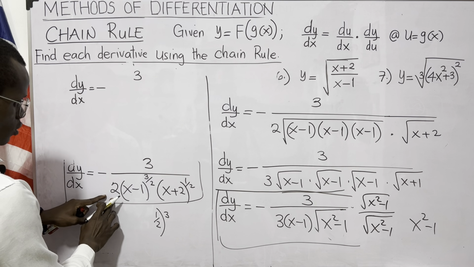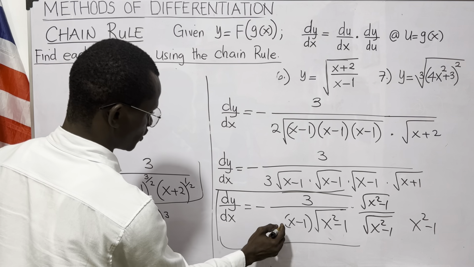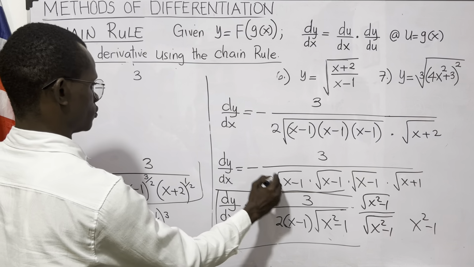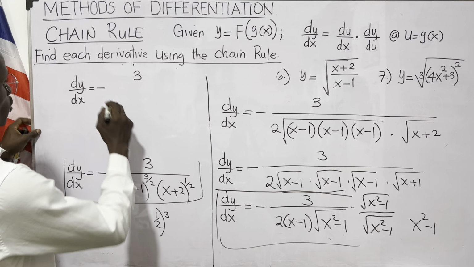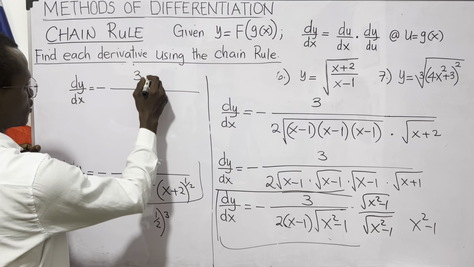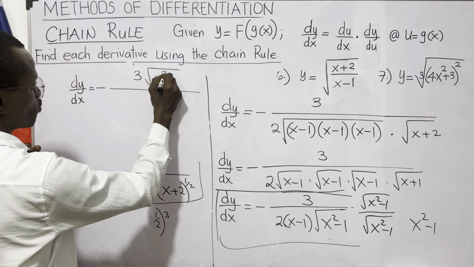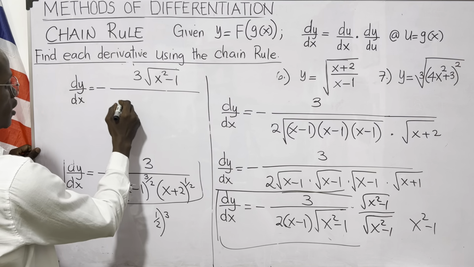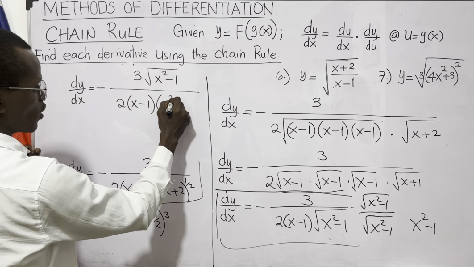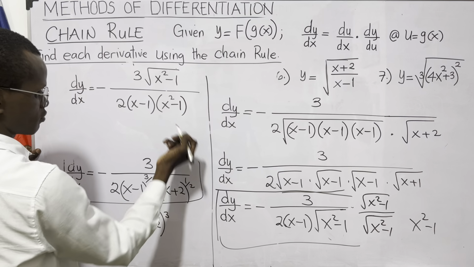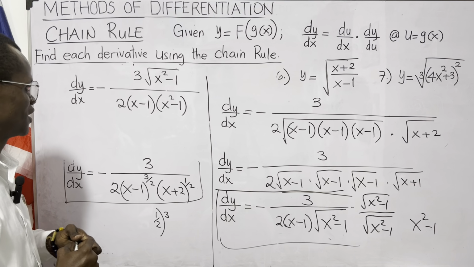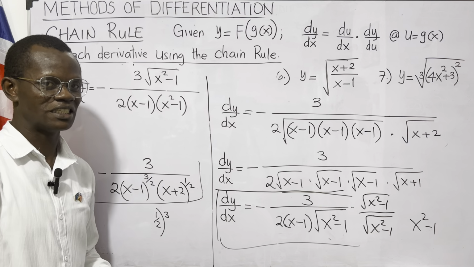This is 2. Okay, so down here is 2, not 3. So another student will say, no, I'll just get rid of that. So that becomes the root of x squared minus 1 over 2 times (x − 1) times (x squared minus 1). So it makes no difference. It's just rewriting the problem in different ways.